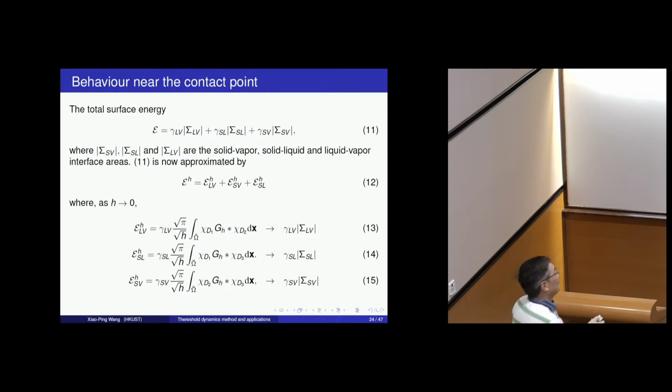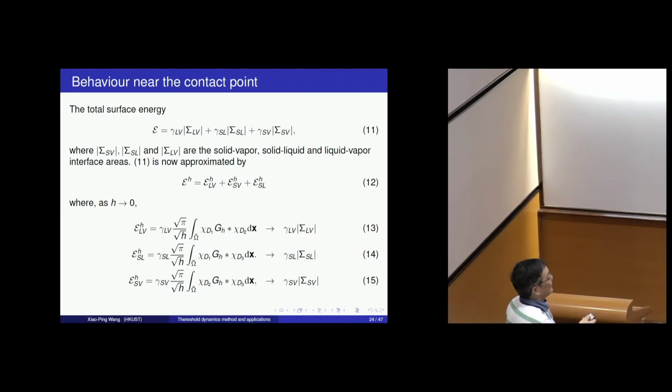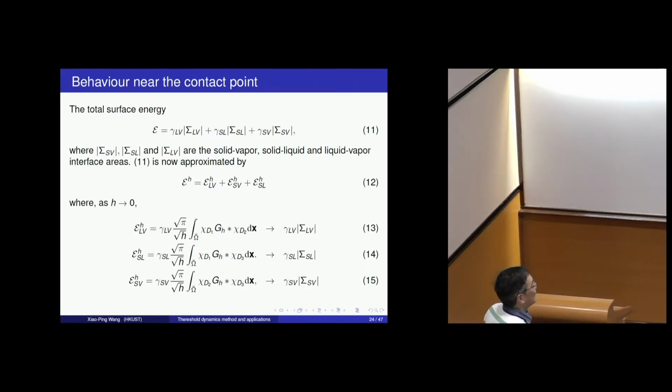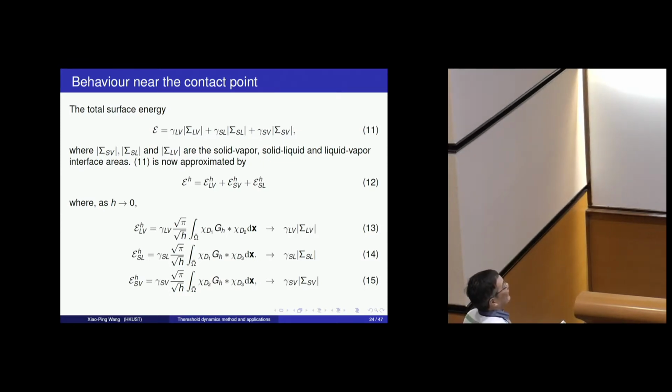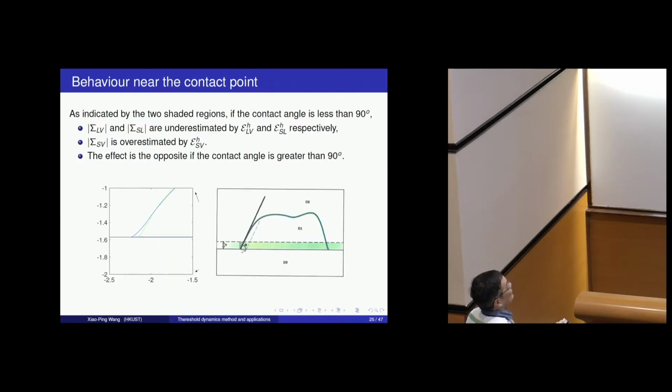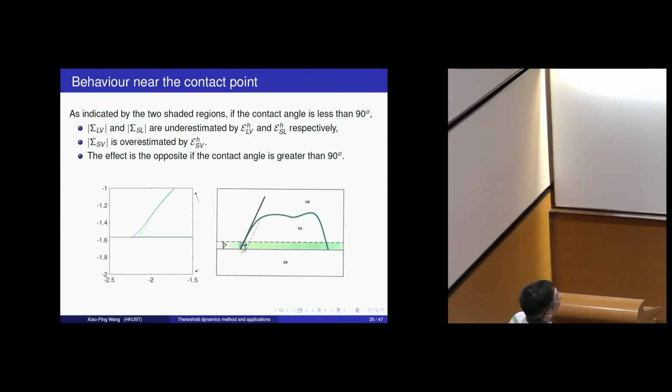But in fact, these three H don't have to be the same, as long as they are going to 0, because they all converge to the surface energy. This is actually the reason why there's a deviation of the contact angle from the exact contact angle.